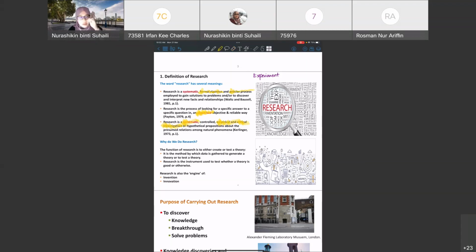Okay, so whenever you start any project, any research, we have to know apa sebenarnya, what is actually the problem that you want to solve. Okay, that's actually what is meant here. To gain solutions to problems, or to discover and interpret new facts and relationships.